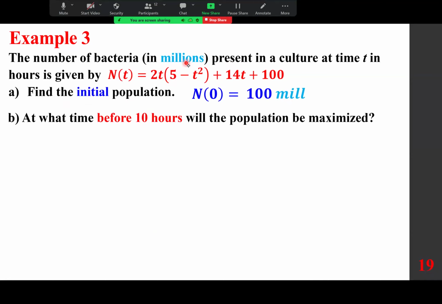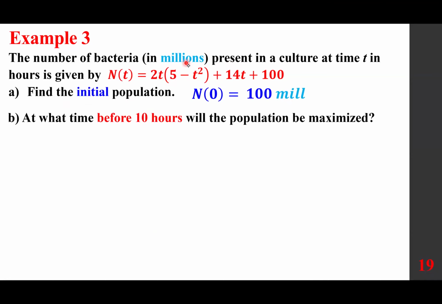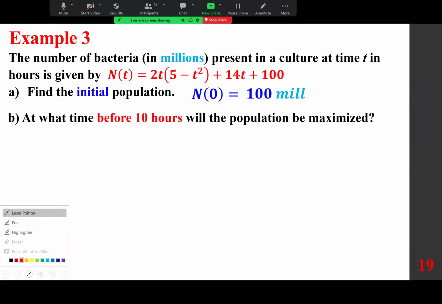At what time before 10 hours will the population be maximized? First and foremost, I'm going to rewrite this as 10t minus 2t cubed, and put this in descending order by combining these two.